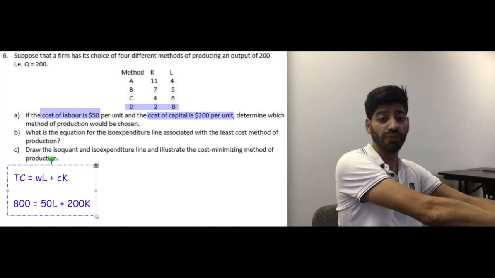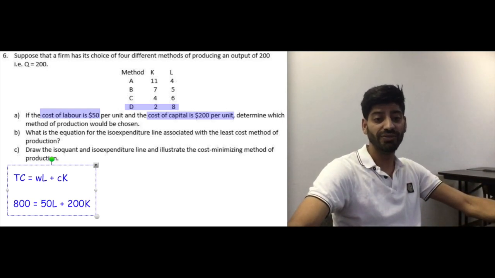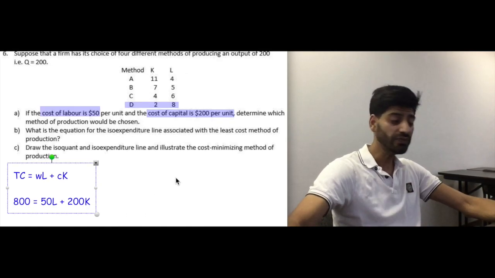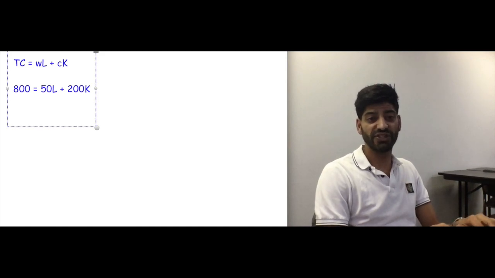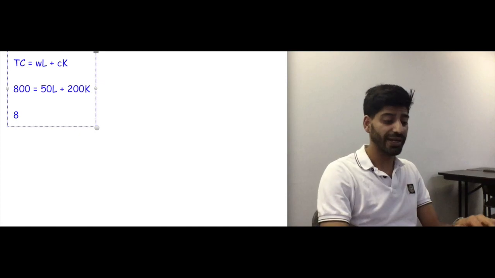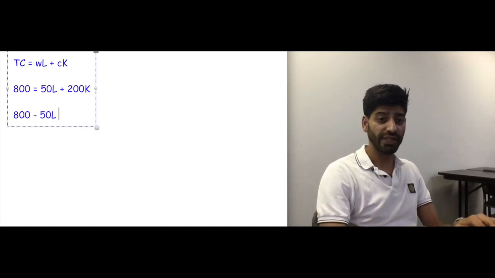200, multiplied by K. And now that you've come up with this expression, the idea is really simply to simplify the expression. So let's make that happen. So all that I'm going to do is I'm going to simplify this expression and try and isolate K. If I did that, I would get 800 minus 50L is equal to 200K.